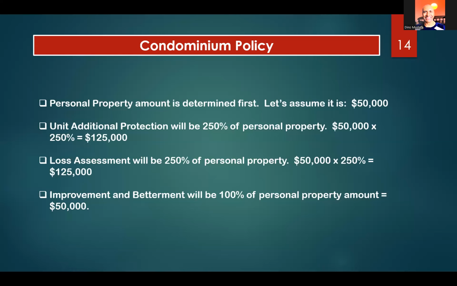So what's a loss assessment? When you live in a condo, there are a number of things which are called the common elements. For example, the elevator, the hallway, the swimming pool, the gymnasium, if they have a gymnasium there, okay?